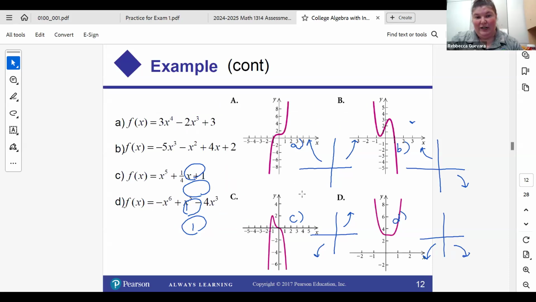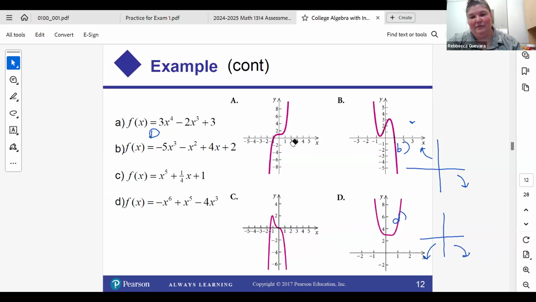So we have a basic idea of what this should look like. If we were to match graphs, we said A should have a parabola opening up shape, so we see that D matches that. We have the old sketches down as a reference.